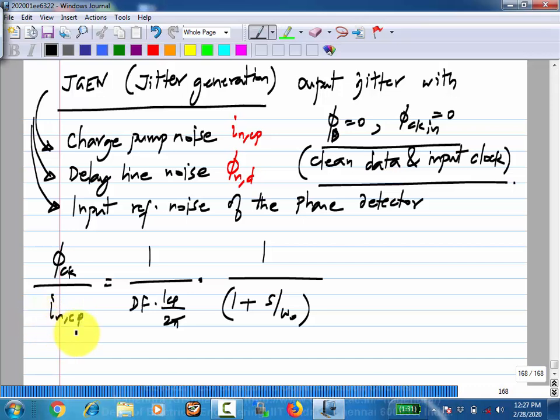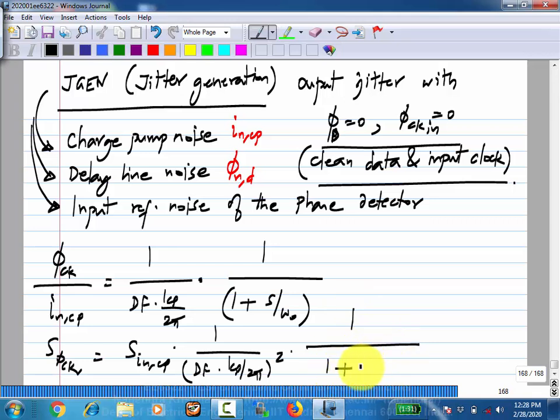So now if you want to calculate the spectral density of this, that is spectral density of noise in phi ck, it will be spectral density of the charge pump noise current, and this squared and the magnitude squared of this, which is, if F naught is the same as omega naught but expressed in hertz, right? F naught is omega naught by 2 pi.